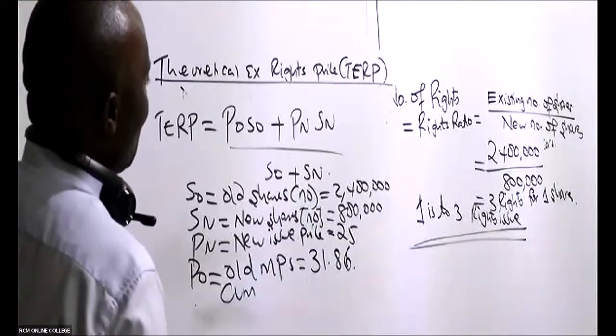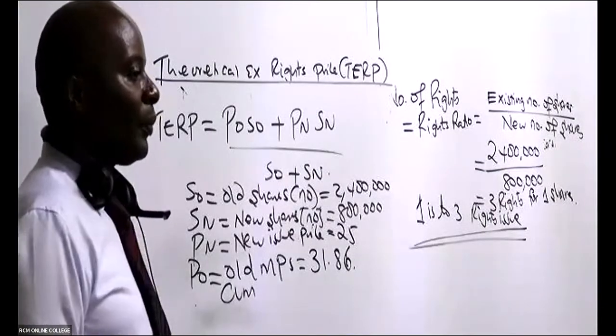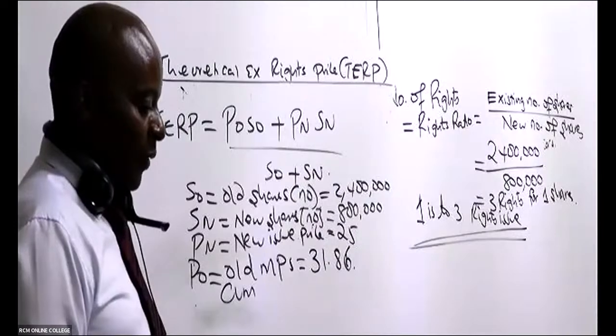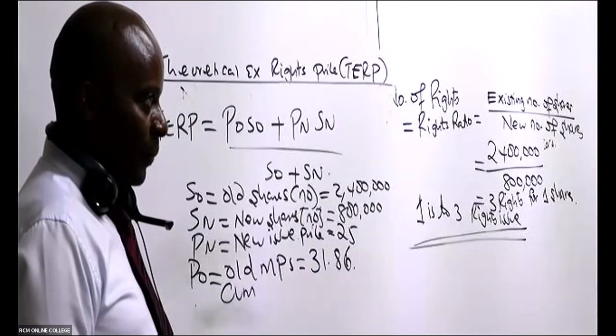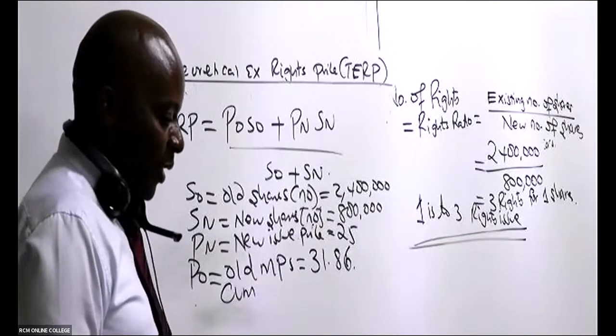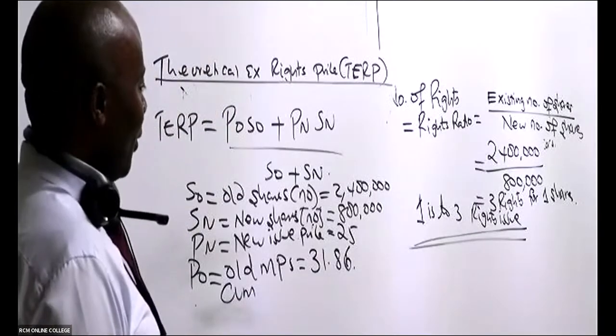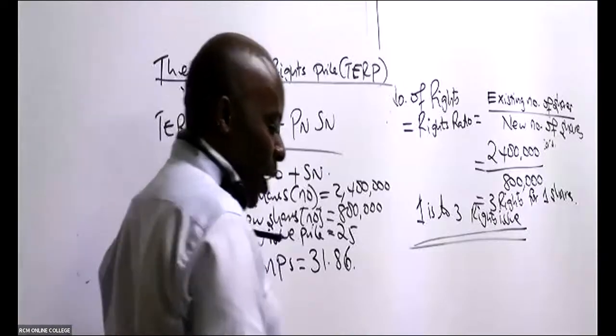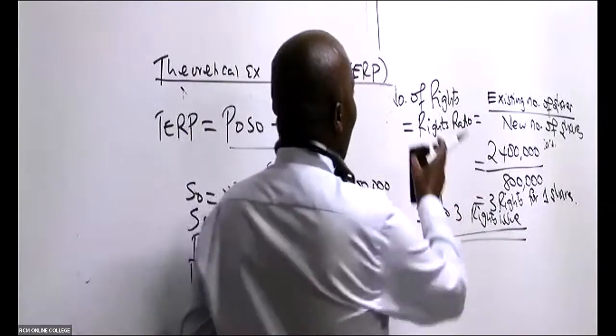Now substitute into the theoretical ex-rights price. So now we are substituting like superstars.